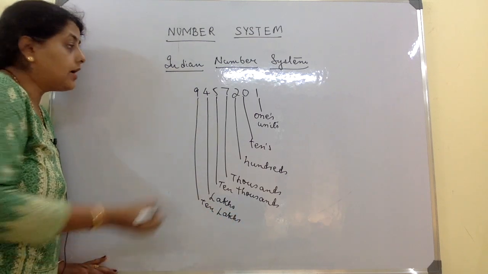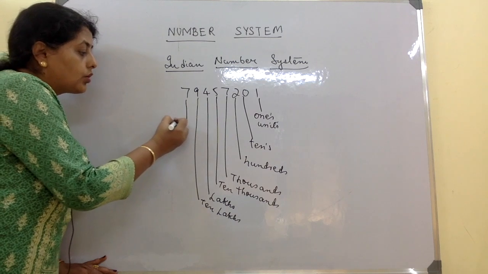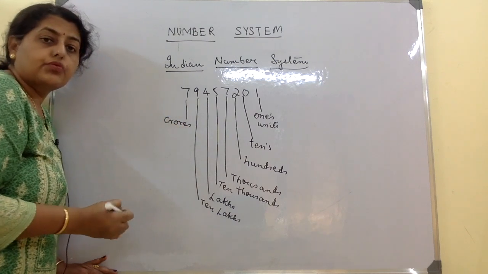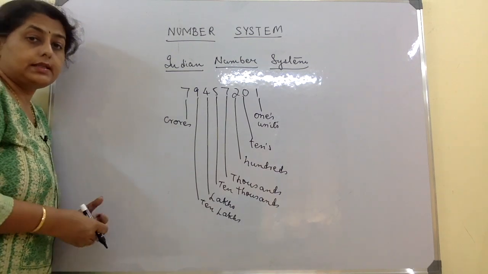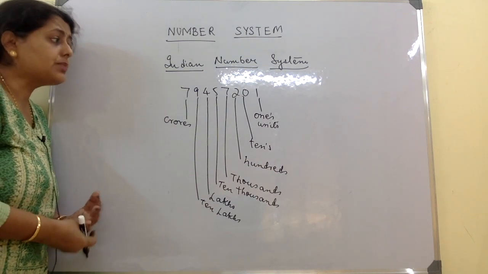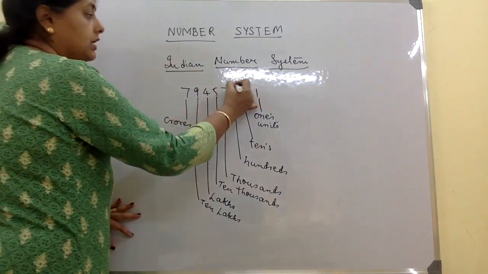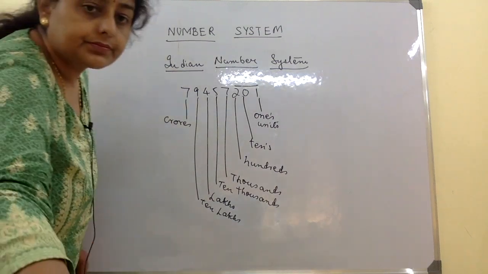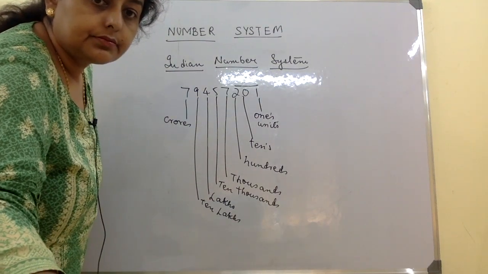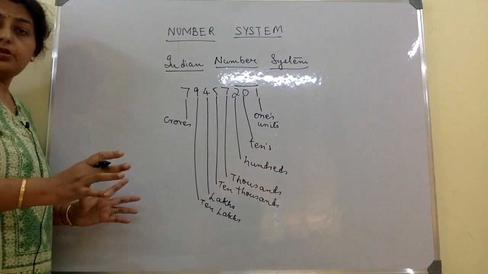After that, if I have a 7, that becomes the crores. We will not go beyond the crores. Now how do we understand this? This number system is divided into periods.